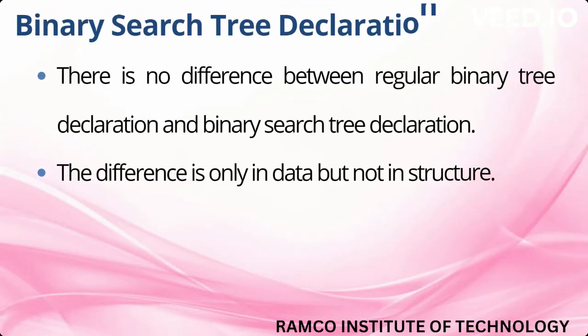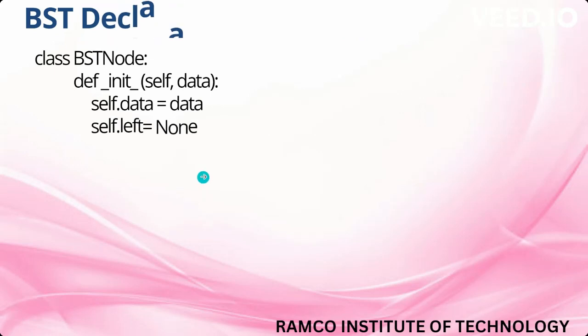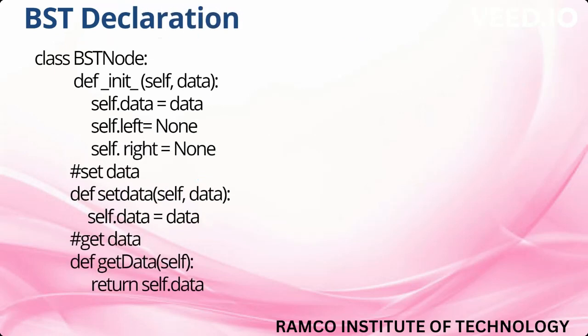Next, binary search tree declaration. There is no difference between the regular binary tree and binary search tree declaration. The difference is only in data but not in structure. This is the code for binary search tree declaration. Here we define a class named BSTNode. Within this class, we have defined a function named init.